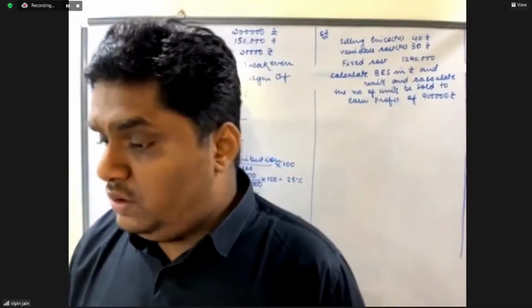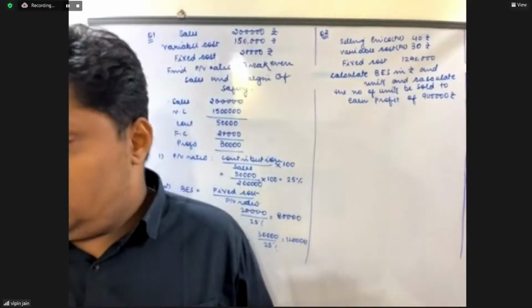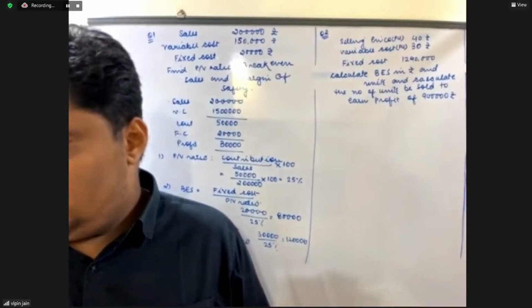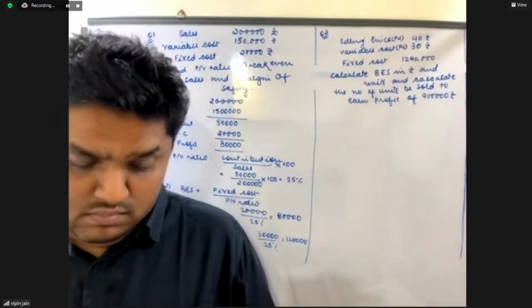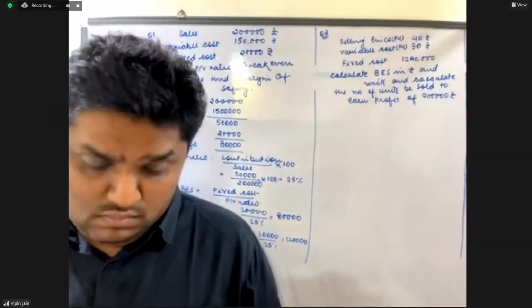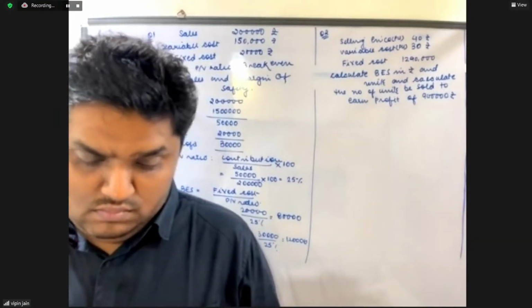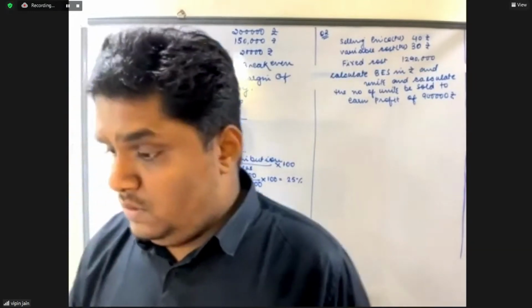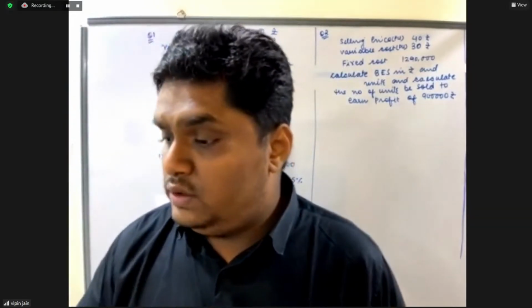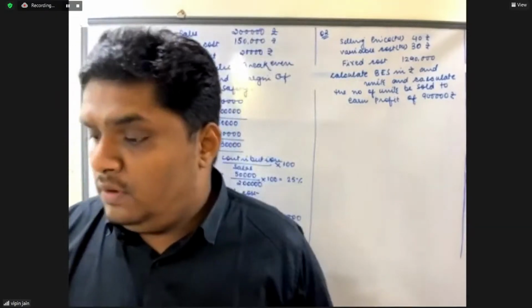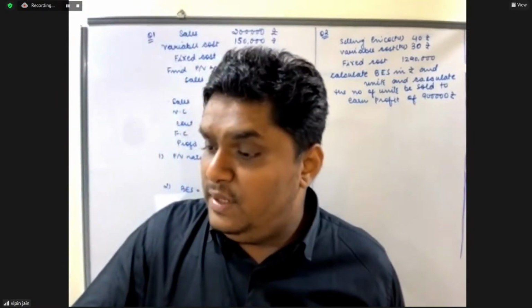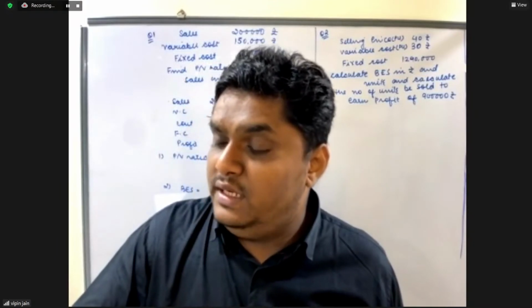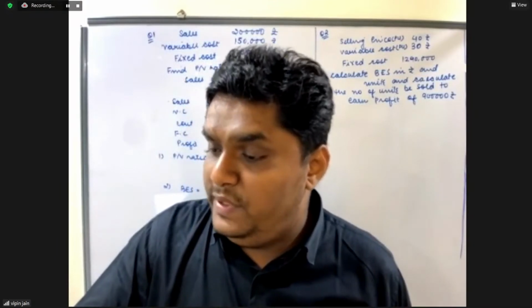In units is also correct. And desired sales is also correct. So I've got correct answers from Himanshu and Noor Jamila. Further, Manisha, please check your answer. I'm asking desired sales in units, not in rupees.